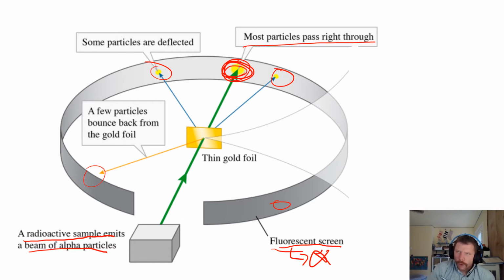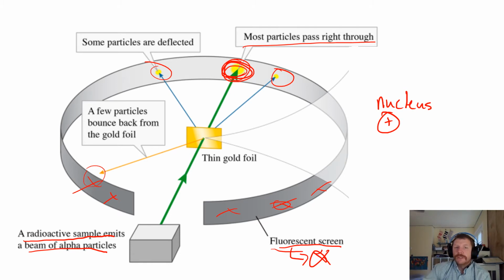For those alpha particles to have deflected off and ended up here, or here, or here, there'd have to be something densely packed that caused them to deflect. And that gave way to the theory of a nucleus, that our positive charges were very tightly packed at the center of an atom.